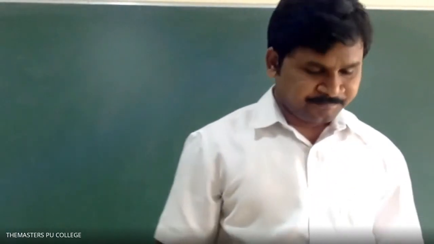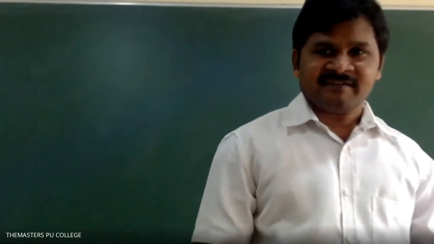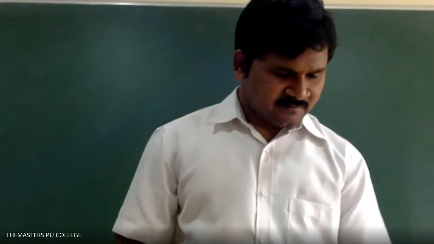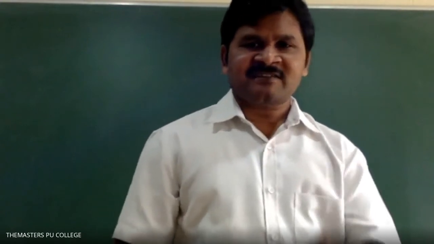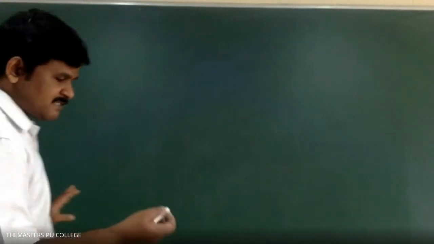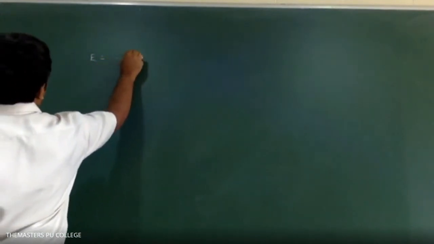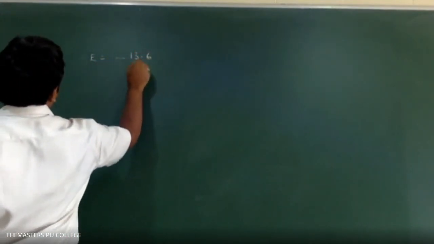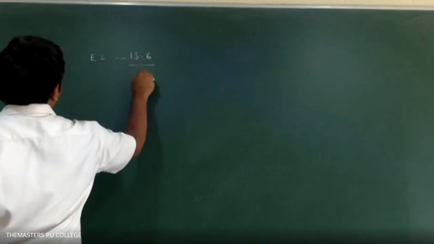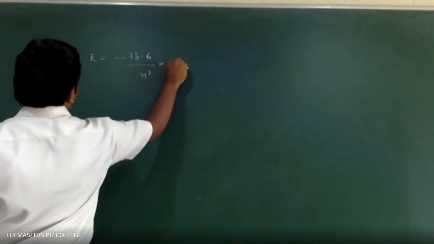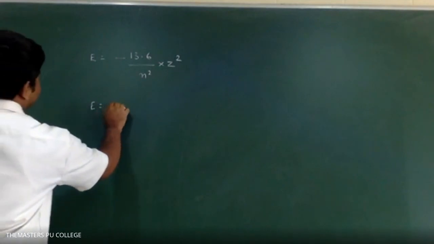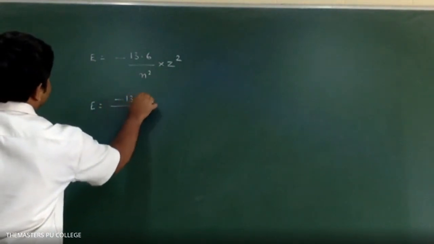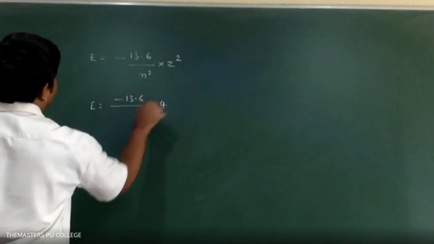Clear? Next, 87 question. Energy of ground state of He+. First of all, what is energy formula? Please remember. E is equal to minus 13.6 by n square into Z square. E is equal to minus 13.6 into 4.